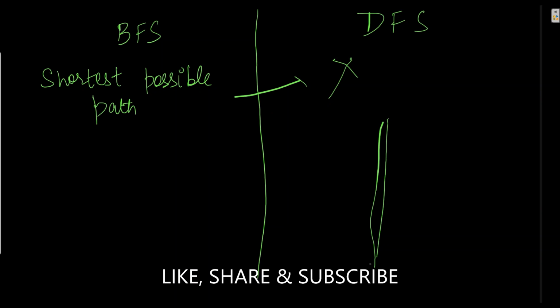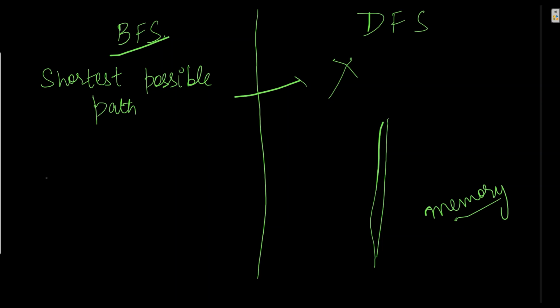DFS can be great since we don't need to store the entire thing in memory. While with BFS, if the graph is wide, we need to store all of it level by level, plus we need to use memory, which is totally unnecessary.